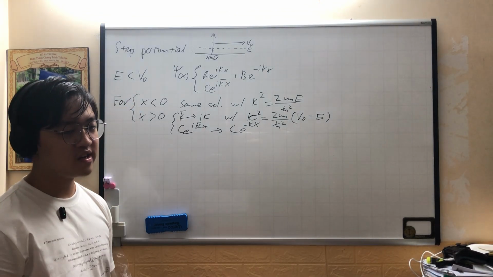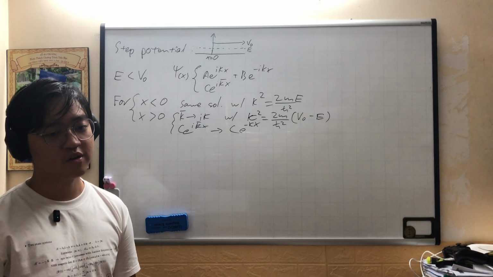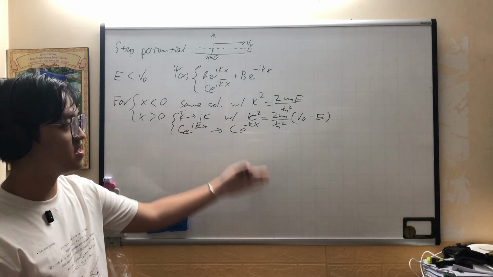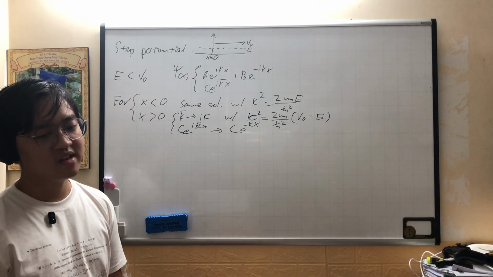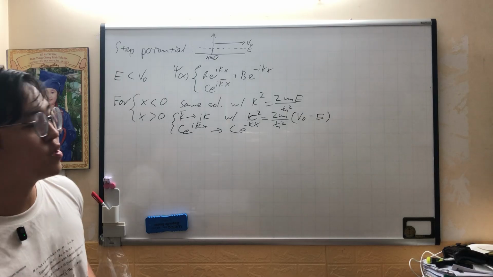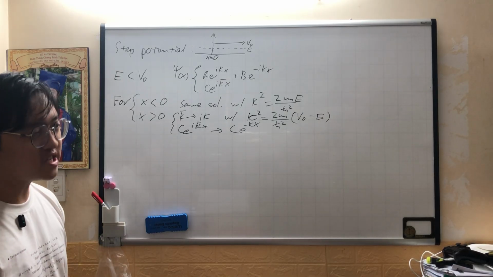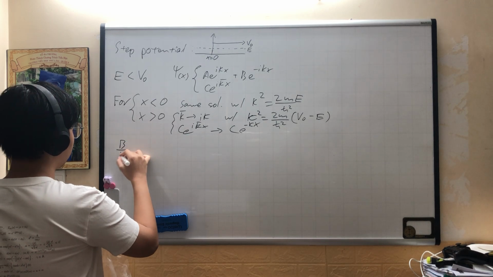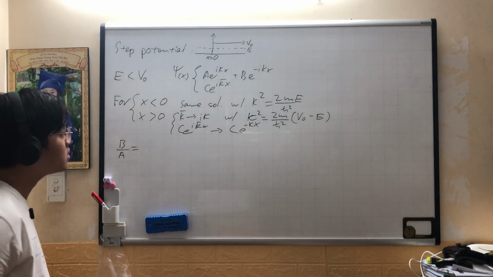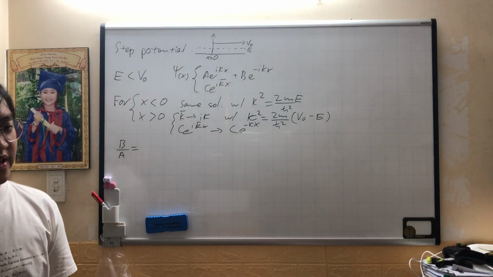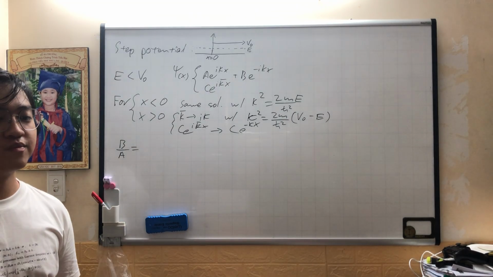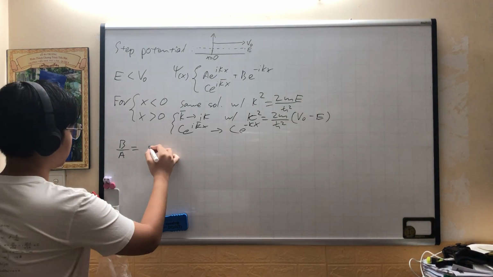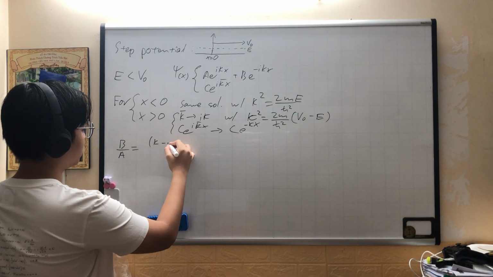Okay, so now let's take a look at our coefficients. Since this part is the decay, it's not really that important. So we will take a look at our reflection coefficient first, which is B over A. B over A would be (ik minus i kappa) over (ik plus i kappa).